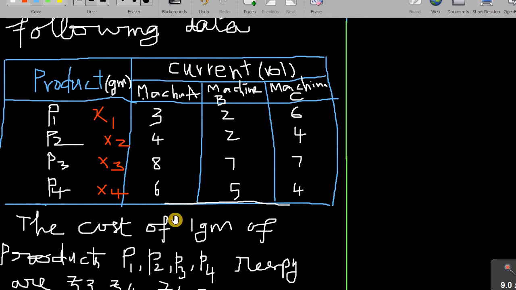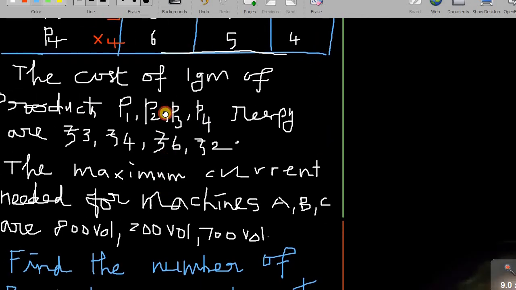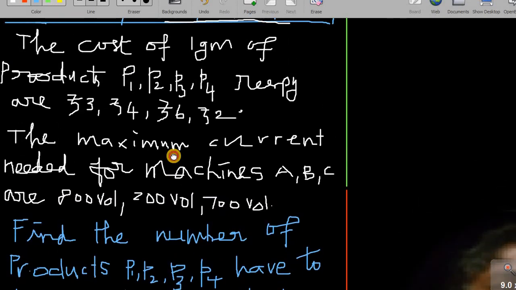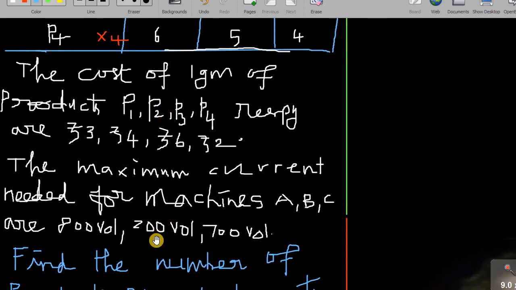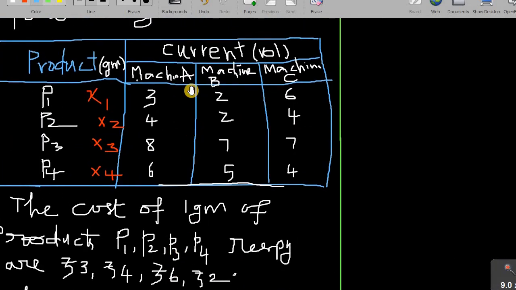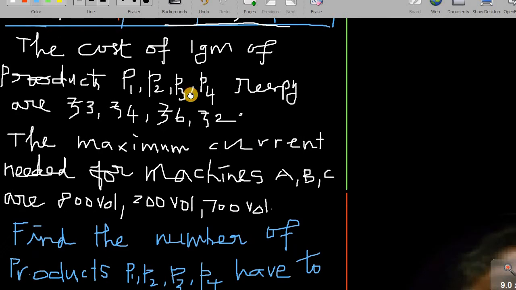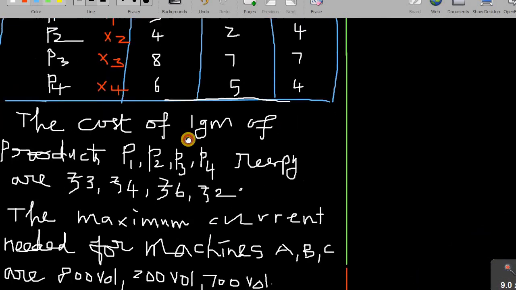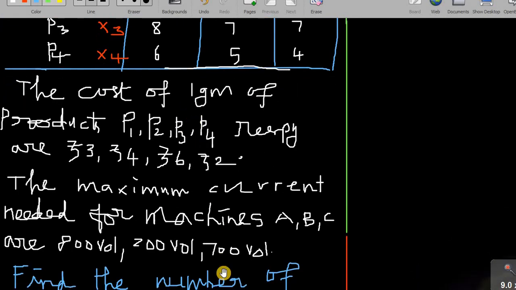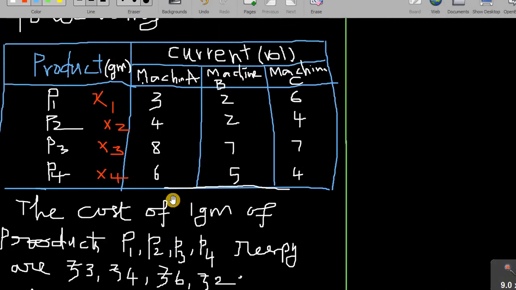The conditions given here: machine A can take only 800 volts, machine B can take 200 volts, and machine C can take 700 volts only. Machine A can work for 800 volts, machine B can work for 200 volts, and machine C can work for 700 volts.